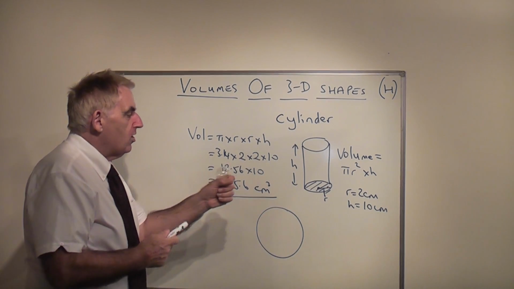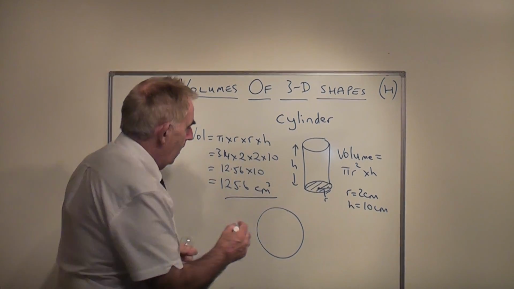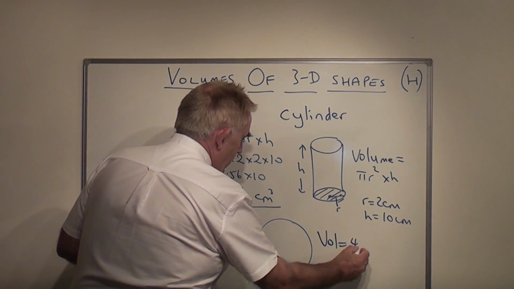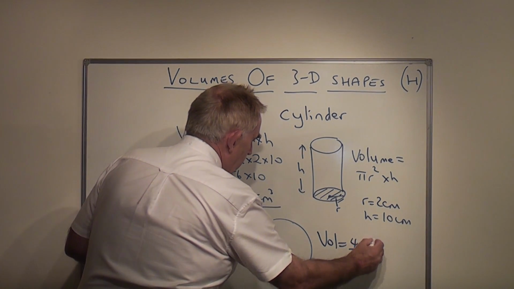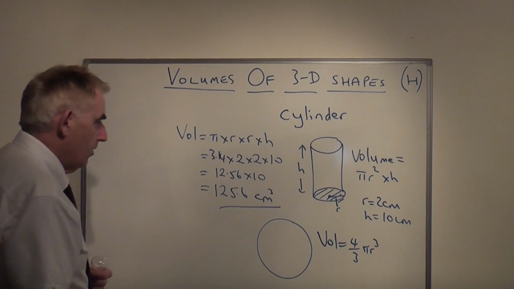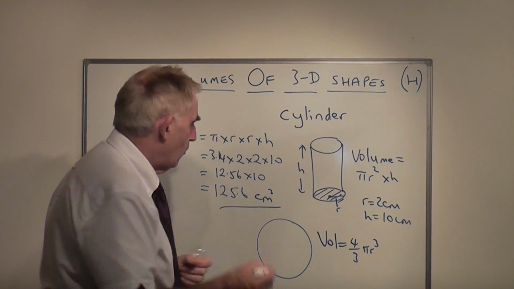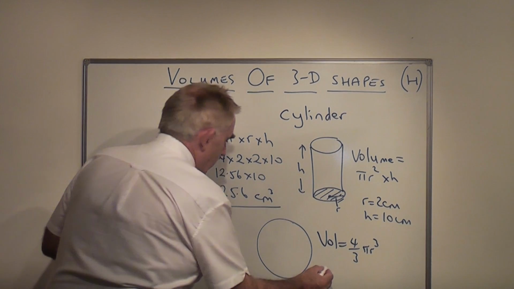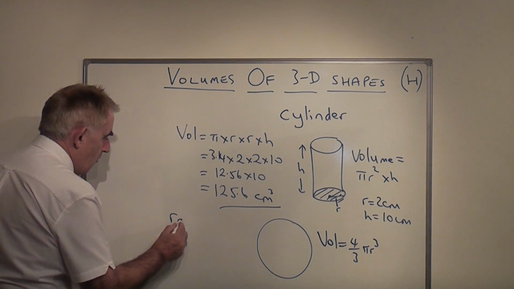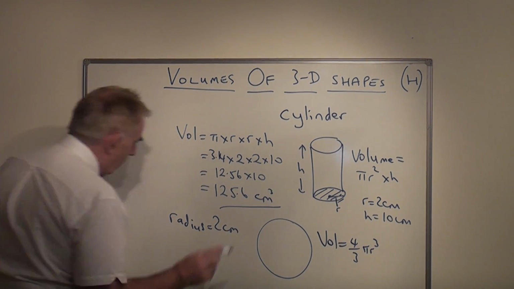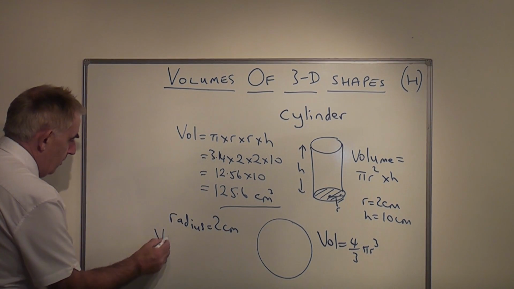So if we want to work out the volume of a sphere, the formula for that, which again is on the inside front cover of your exam paper, is 4/3 pi r cubed. Alright? So let's say we had a sphere which had a radius of 2 centimetres. Let's have a try. You tell me if I'm doing this right.